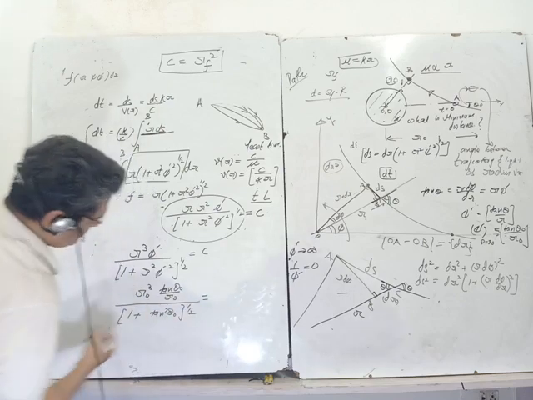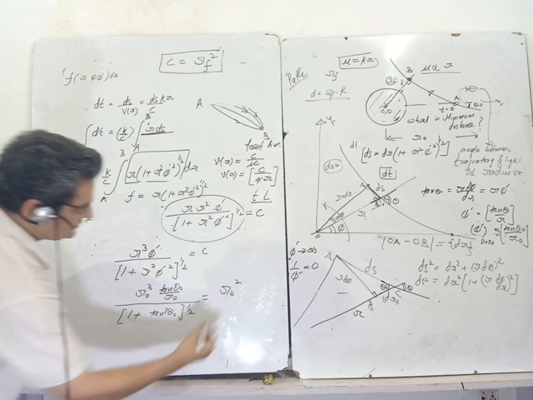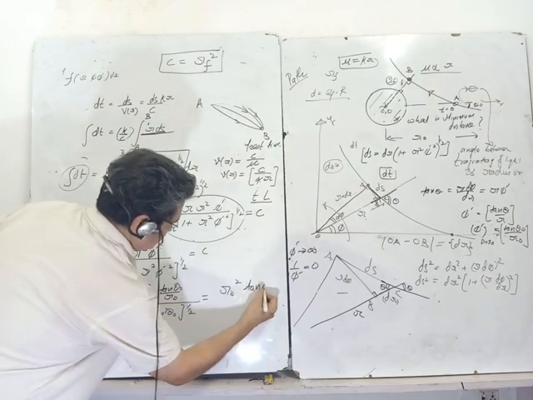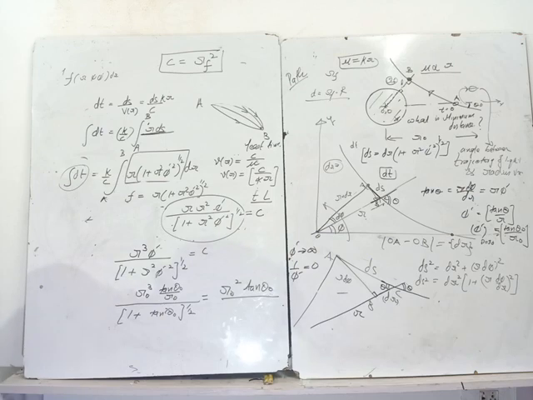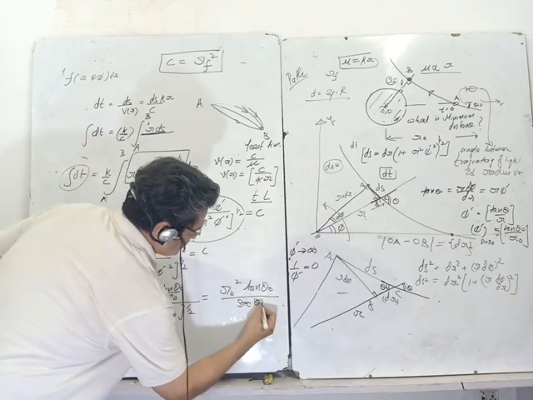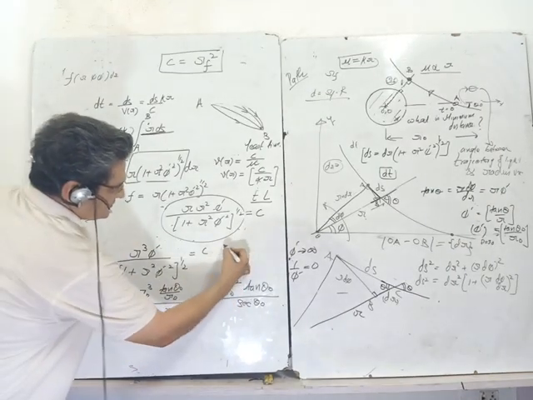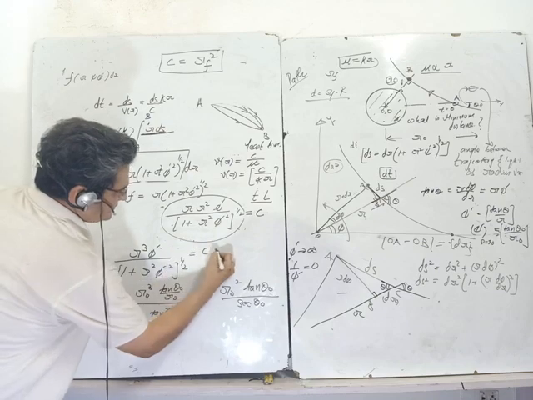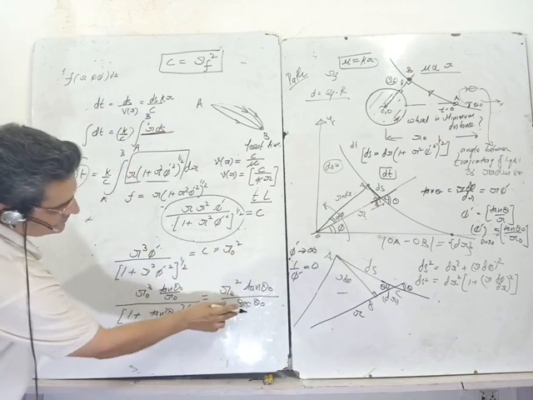So it is r0 square tan theta 0 upon secant theta 0, which is sine upon cos with cos on top, so C is equal to r0 square, it should give you sine theta 0.